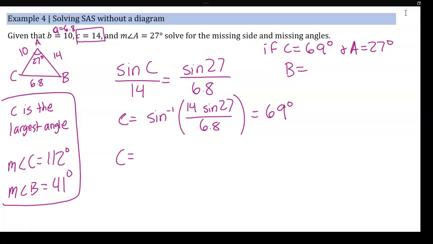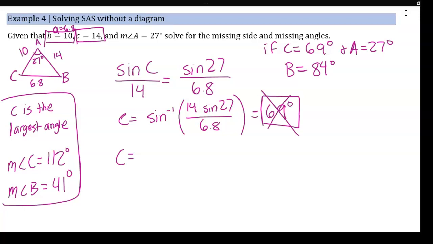So that means that B is 180 minus 69 plus 27, which is 96. So then 180 minus 96 means that angle B has to be 84 degrees. That violates the fact that B should be smaller than angle C. So what that means is that we should not use this 69 degree angle.